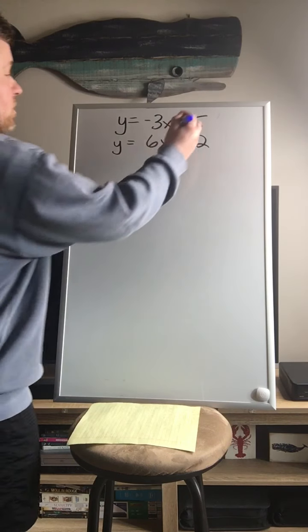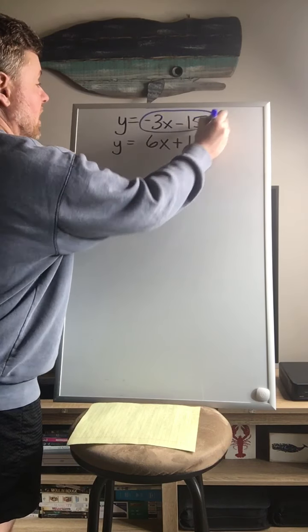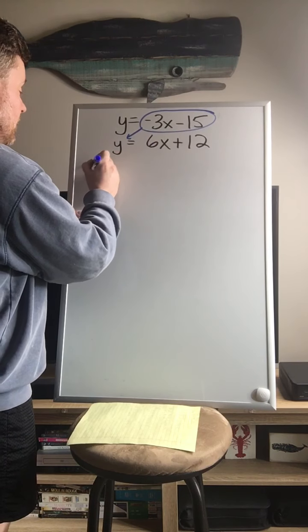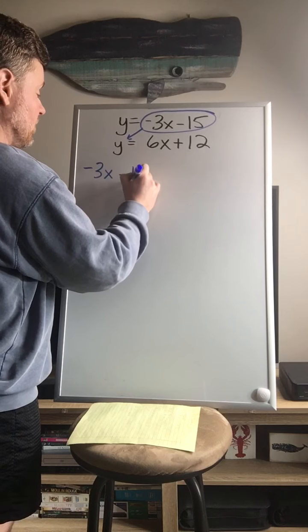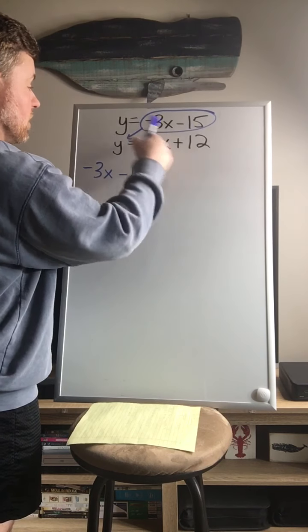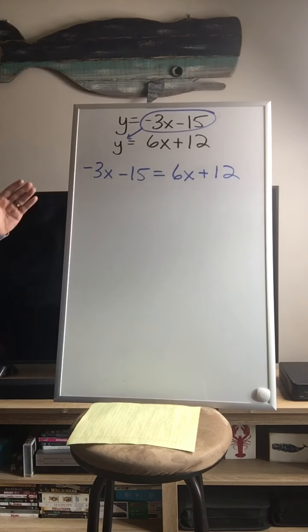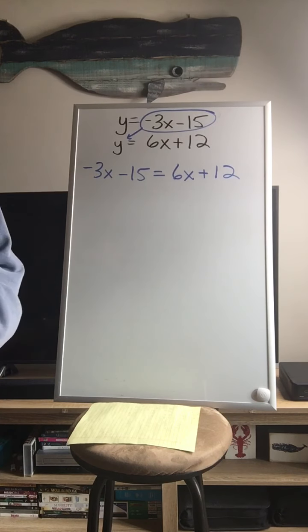So all I'm going to do is I'm going to take the top equation, and since they're both equal to y, I'm going to write them next to each other. Negative 3x minus 15 equals 6x plus 12. Put the two next to each other, and now you're going to solve for x.